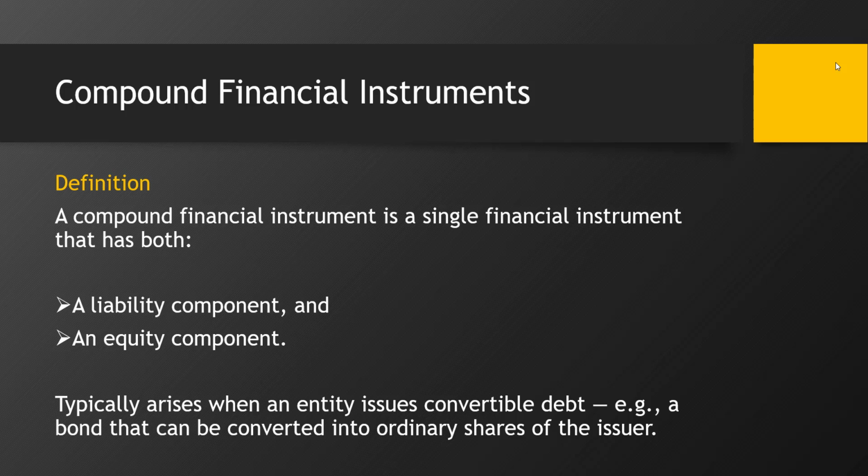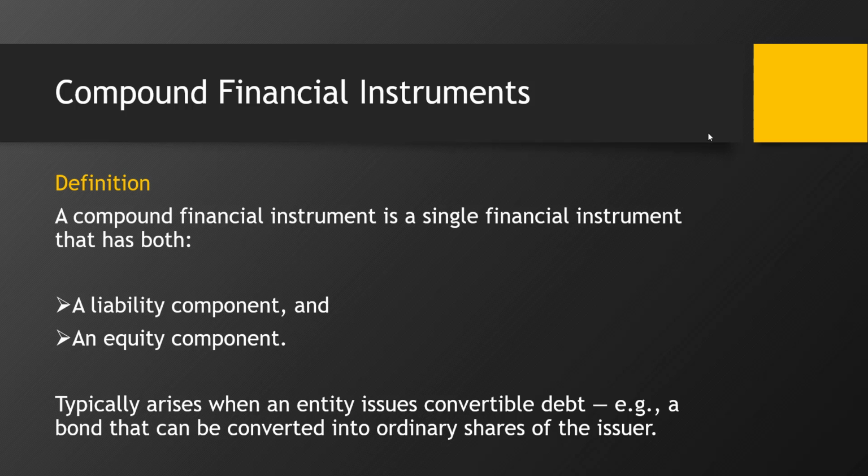Typically, it arises when an entity issues convertible debt. Convertible debt, an example, is a bond that can be converted into ordinary shares of the issuer.